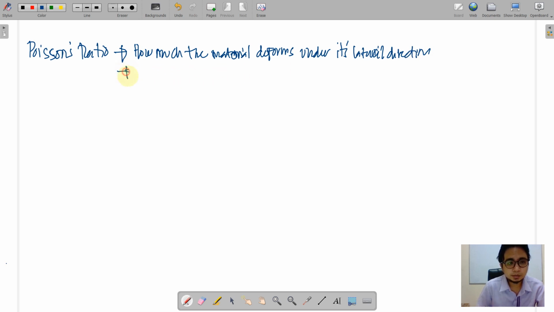With this, it further presents how different materials deform under loading.